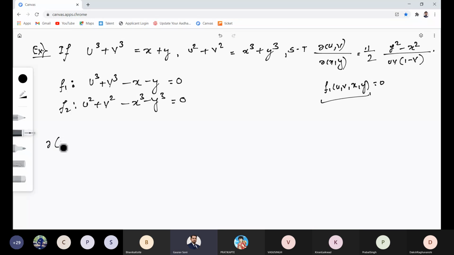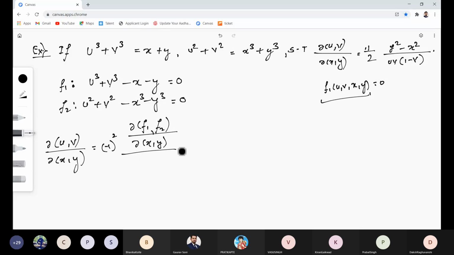So the Jacobian of uv with respect to xy is given by minus 1 raised to 2, Jacobian of f1, f2 with respect to xy upon the Jacobian of f1, f2 with respect to uv. So let's find both of them.